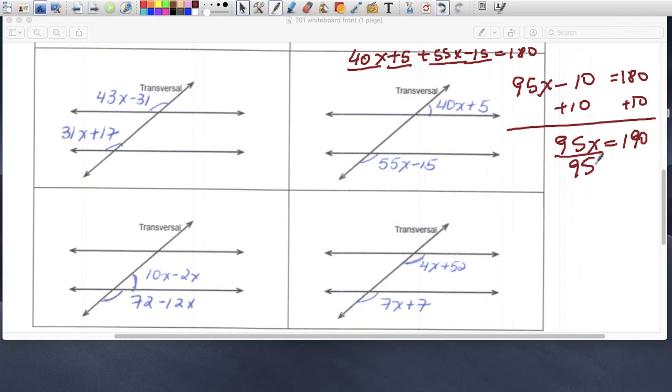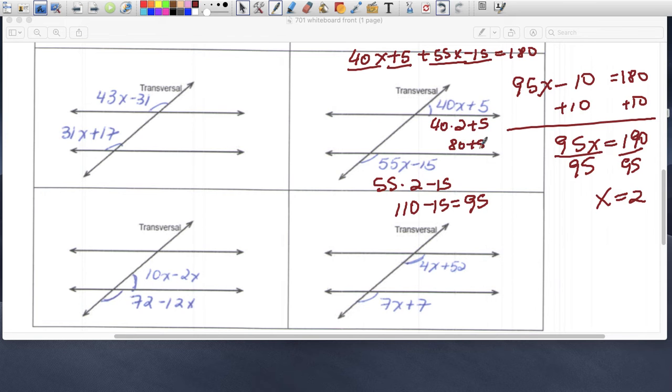Divide by 95, divide by 95, and x equals 2. Good. So it's 55 times 2 minus 15, 110 minus 15. So this gives you 95. On top, it's 40 times 2 plus 5. 40 times 2 is 80, plus 5 equals 85.